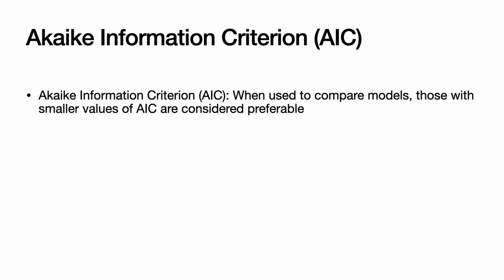Next, let's look at the AIC, the Akaike information criterion. I'm sure that you've seen the AIC in other courses, such as a regression course or other statistical methods course. As you'll recall, we use the AIC in comparing two models. When used for that purpose, the model with a smaller value of the AIC is typically considered to be preferable.